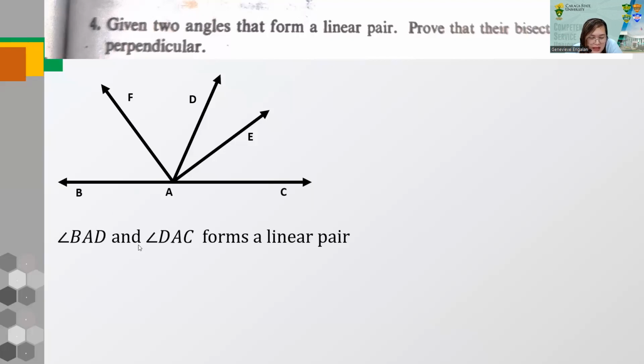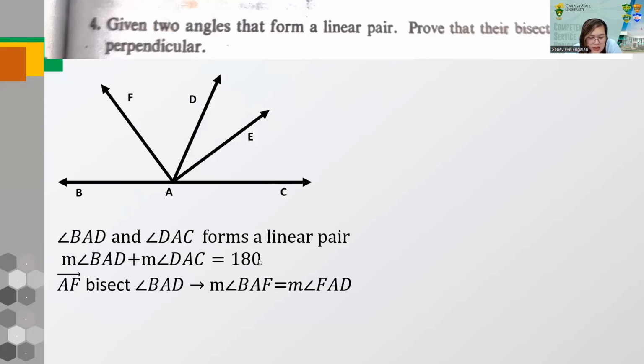Okay. BAD and DAC form a linear pair, so the measure of BAD plus the measure of angle DAC is equal to 180, because linear pairs are supplementary.